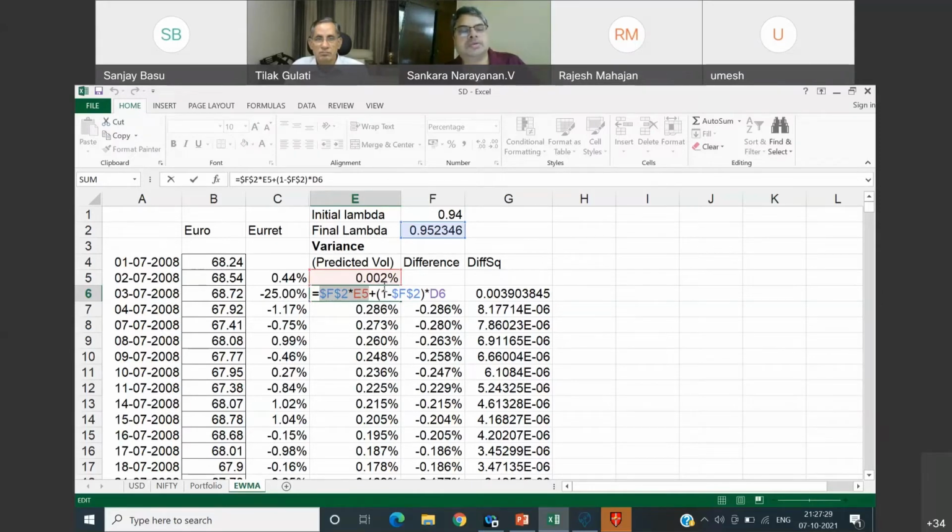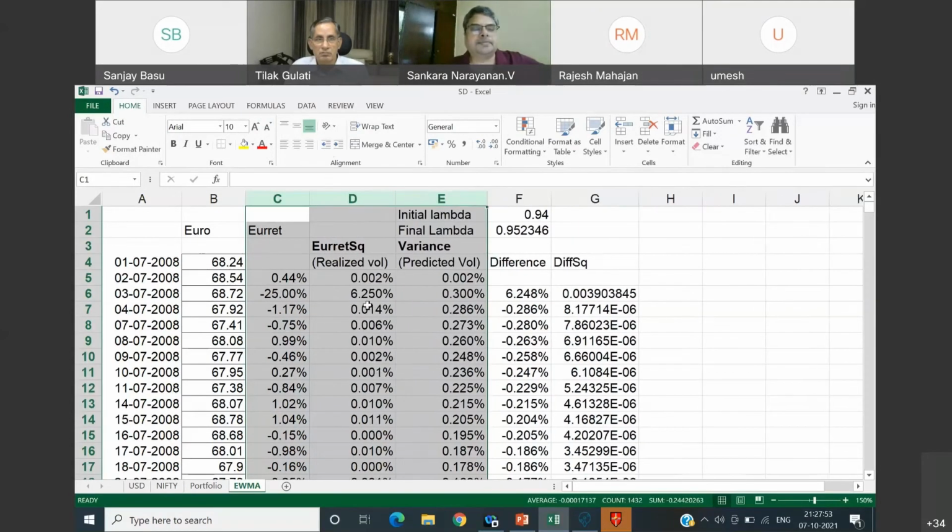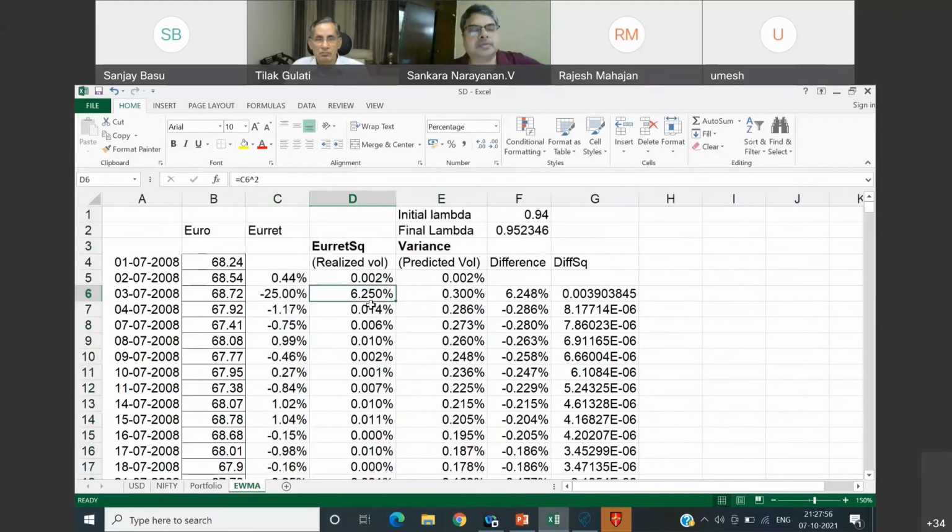What has altered your view is that there has been a large market movement. You can see this, right? So realized volatility is nothing but the square of returns.